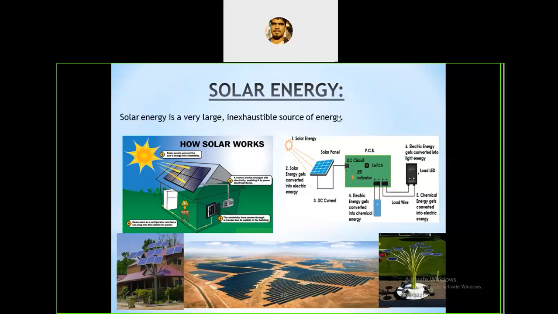Means whatever sun energy we get is 1.8 × 10^11 megawatt, and this energy is equal to many thousands of times.